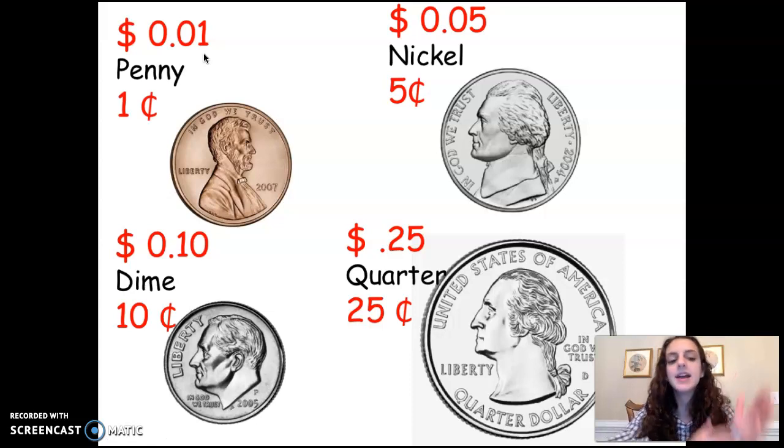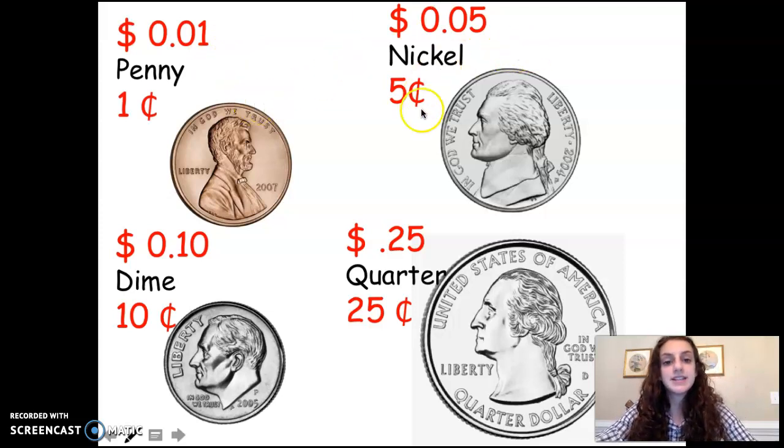So the penny is very small. Here we see the nickel, which is 5 cents and can be written as $0.05. Here is the dime, which represents 10 cents, and the quarter, which represents 25 cents.